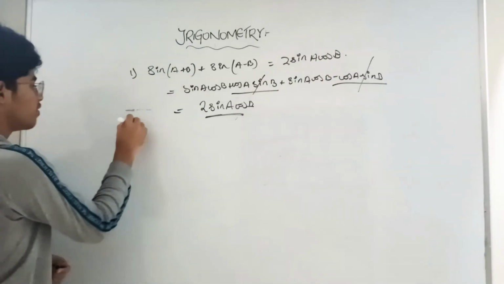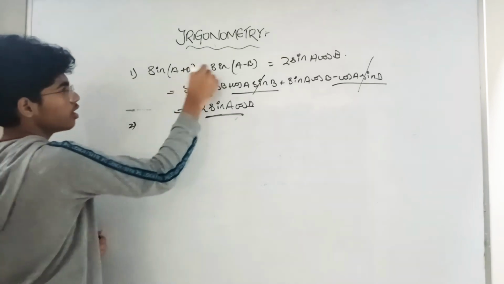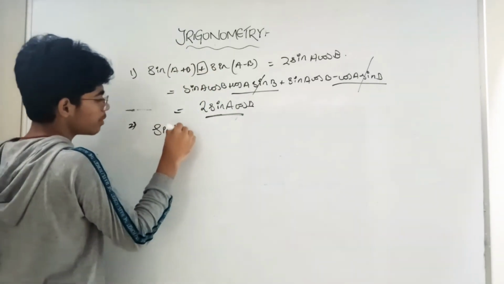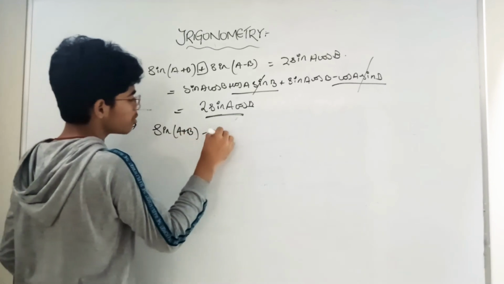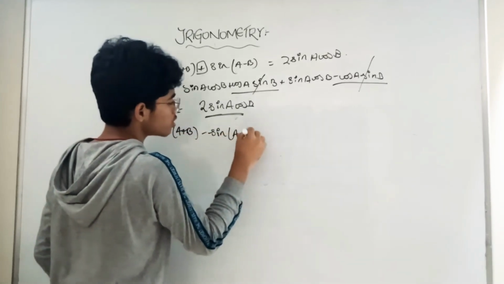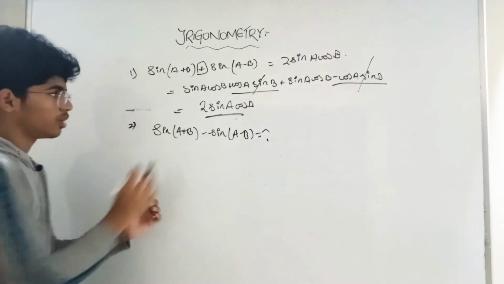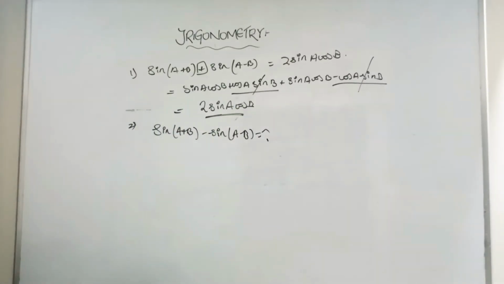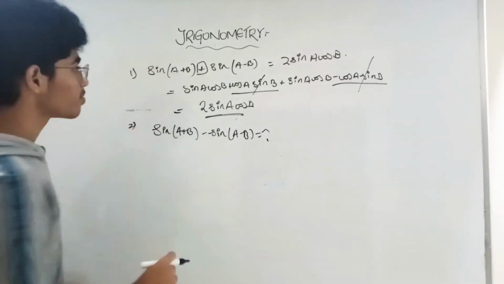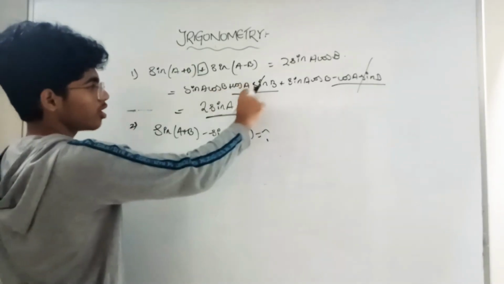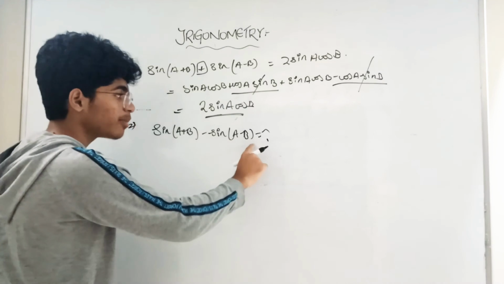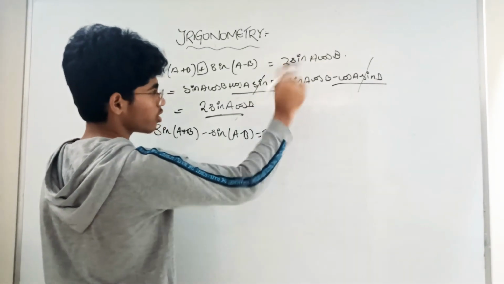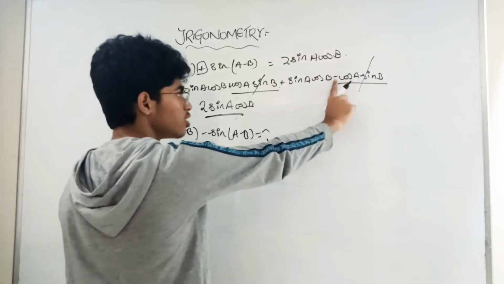So we completed the first one. Next, if this is minus, what's going to happen? Let's find out. Sine of a plus b minus sine of a minus b is how much? Okay, so now we don't need to write the whole thing again. We'll just check it from this line. Sine a cos b plus cos a sine b minus sine of a minus b, so this will change its sign, this will change its sign, and this will also change its sign.